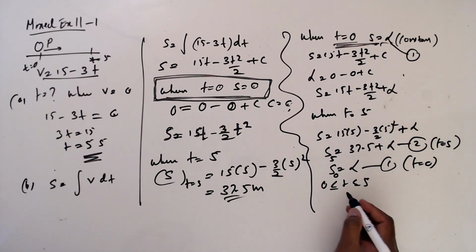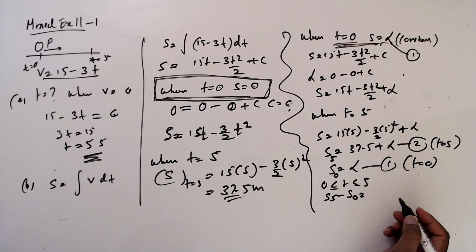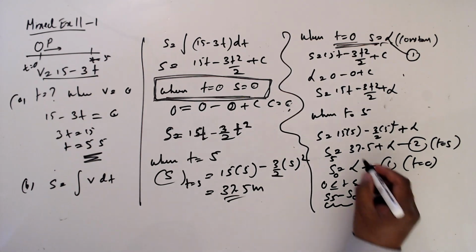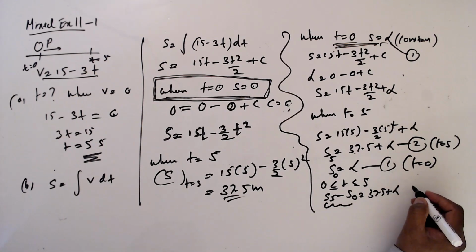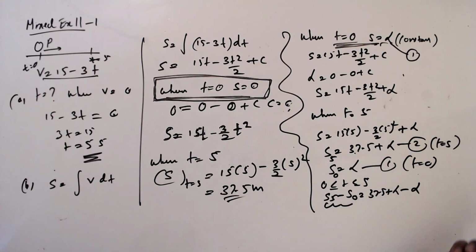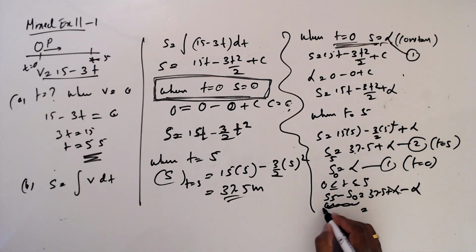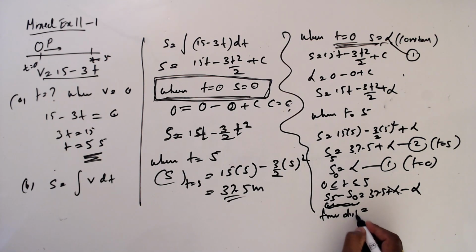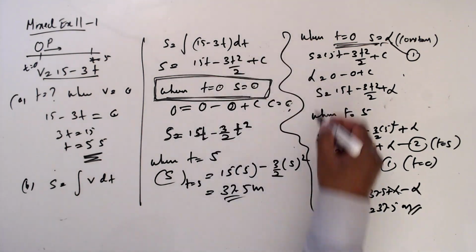It means S5 minus S0. So this is 37.5 plus alpha minus alpha. So alpha cancels out. The travel distance equals 37.5 meter.